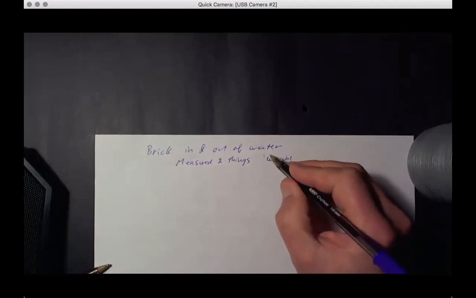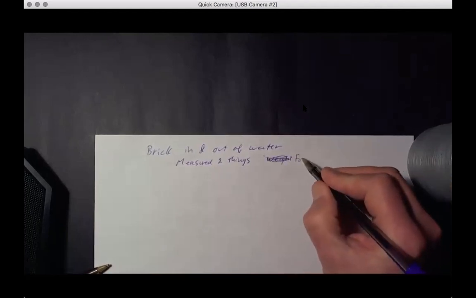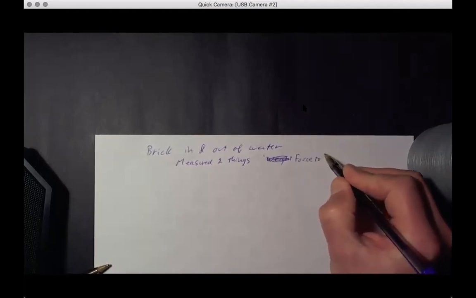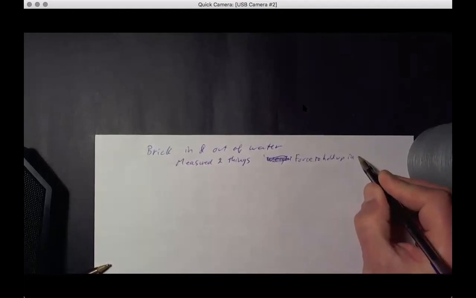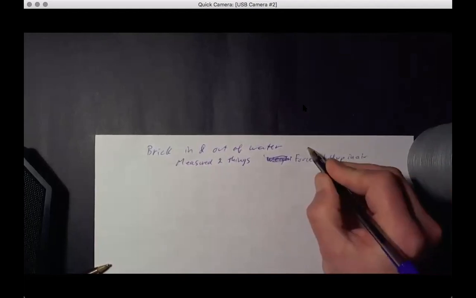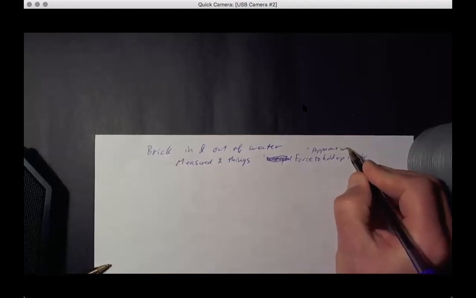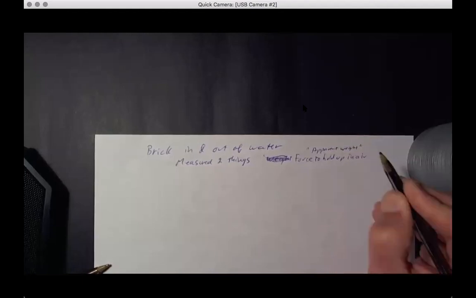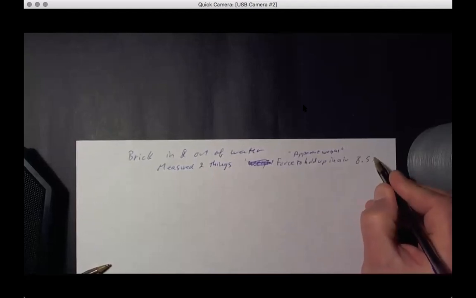Why don't we just say the force to hold it up in air, which is the apparent weight. And actually this is the real weight, that's 8.5 newtons.